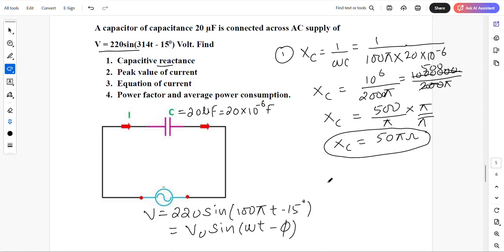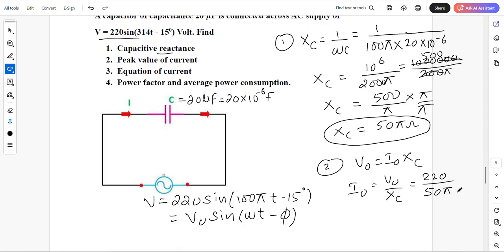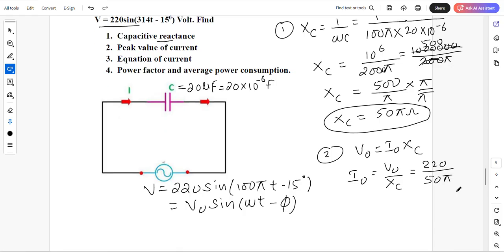What is second? Peak value of current. How to calculate? We know that V naught is equal to I naught into Xc. From here we calculate I naught. I naught is equal to V naught by Xc. How much is V naught? They have given 220. 220 divided by Xc is how much? 50 pi. So I naught is equal to 220 divided by 50 pi.